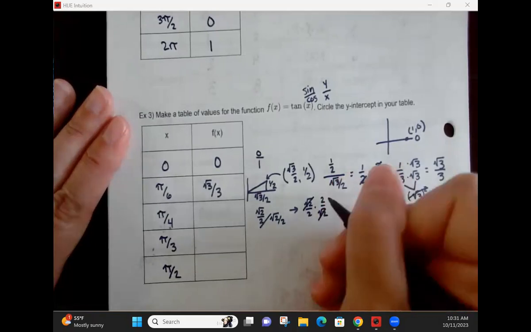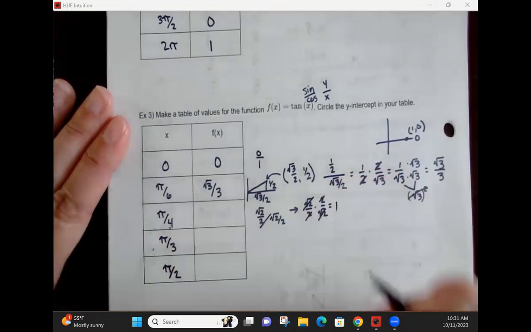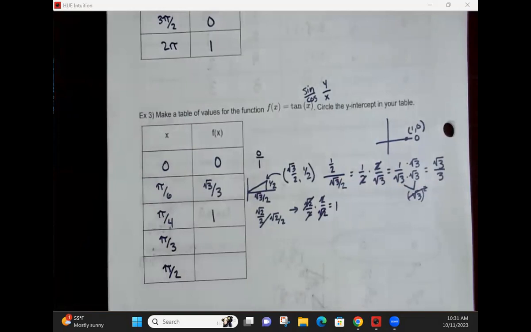So the √2's I can reduce, the 2's I can reduce, and we're down to 1. Tangent of pi over 4 would just be 1. For pi over 3, we have our 30, 60, 90 triangle, but this time standing on the short edge instead of the long edge.